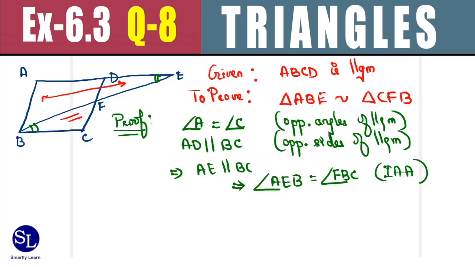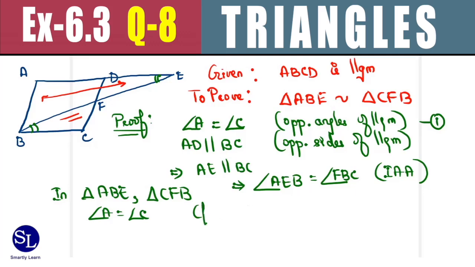Now that we have listed all that is required for us, let's take the two triangles. So in triangle ABE and triangle CFB, what do we know? Angle A is equal to angle C. If it can give you a number, you can use it. So I'm using that reference number 1 here. Next, angle AEB is equal to angle FBC, the second angle which we have generated.